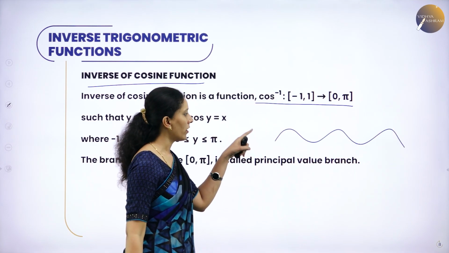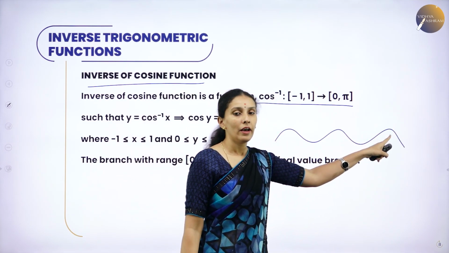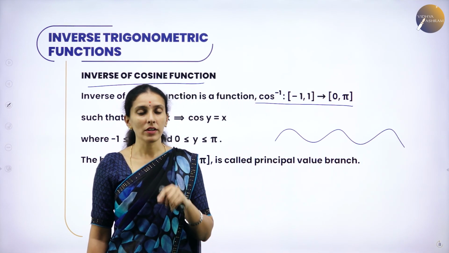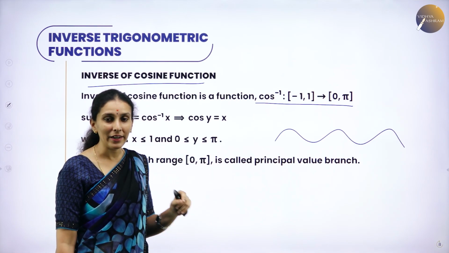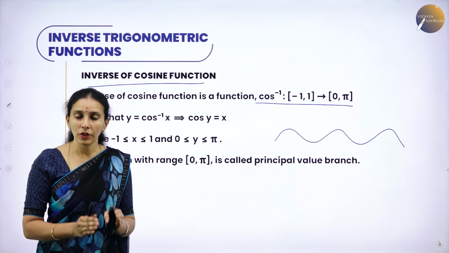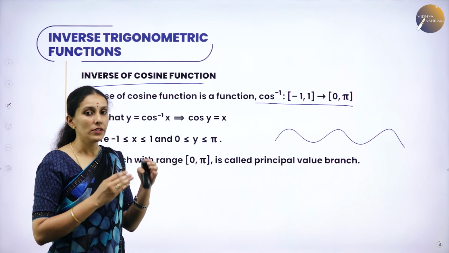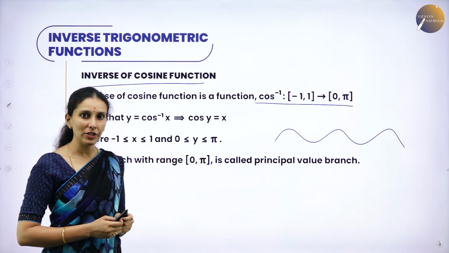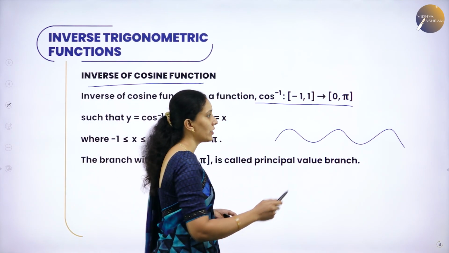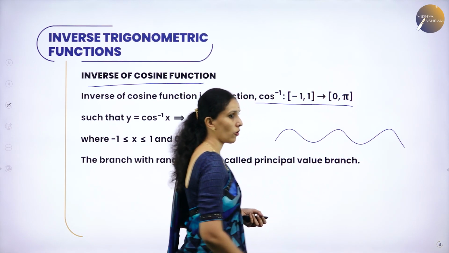That means cosine function is neither one-one nor onto, because we have a repeated interval of values for the cos function also. Hence, we restrict the domain of the cos function also so that it becomes an invertible function. Thus, we define the inverse of the cosine function from the interval minus 1, 1 to 0, pi.